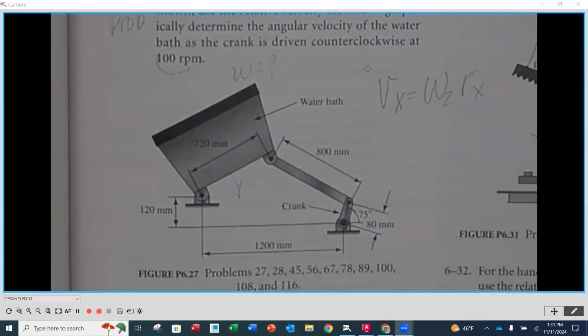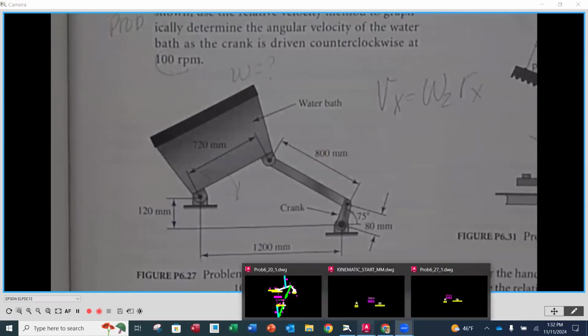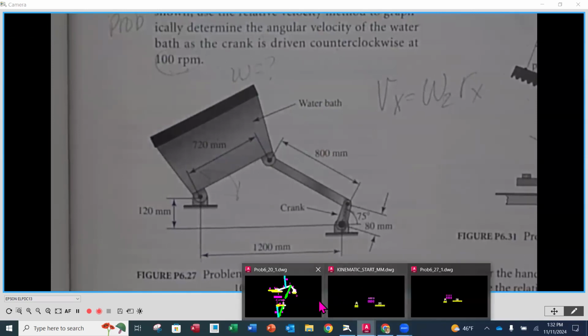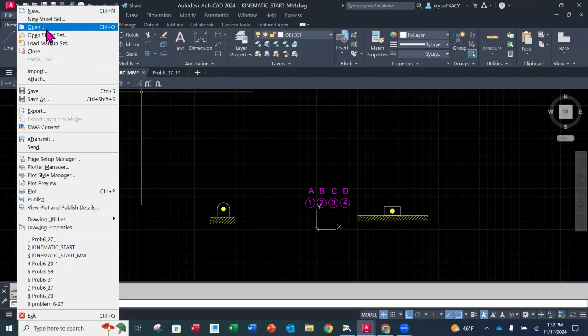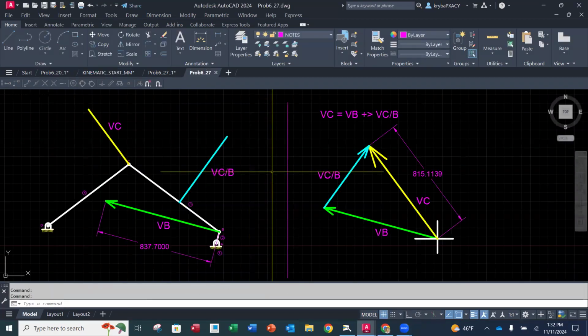This is a metric problem, so you want to scale it so that you have it about the right size for millimeters. What I'm going to do in the background here is get mine done as well. I already did this one.